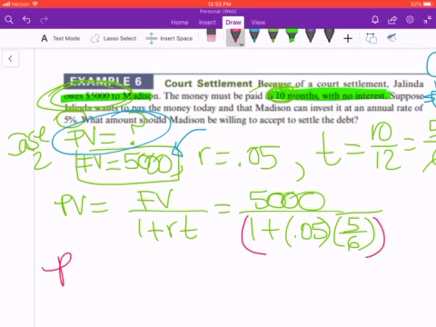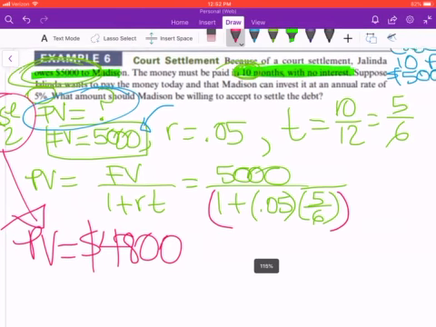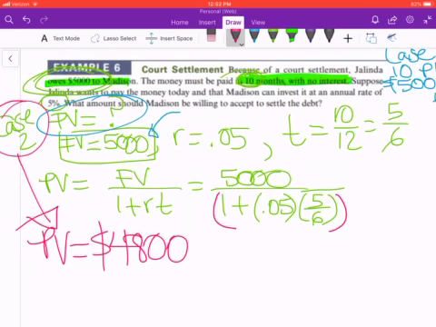And so from there, we will get that the present value is $4,800. So that will be the option for case 2. That Jolinda pays that right now. And then Madison decides if he or she will spend that money now or make it grow into $5,000 after 10 months. So this concludes the example number 6.